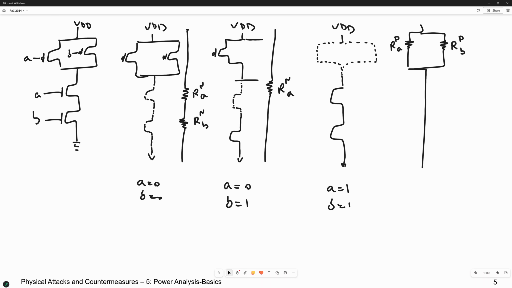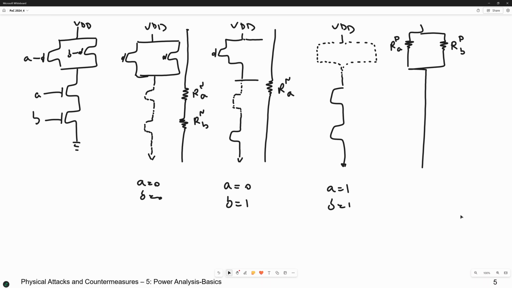Then depending on the value of A and B, the amount of current which passes from VDD to ground will be different. If you are able to measure this amount of energy or current, you see these differences based on the values of A and B. Of course, we might not be able to recover the exact value of A and B, but if we just see the difference, that's enough to perform an attack.